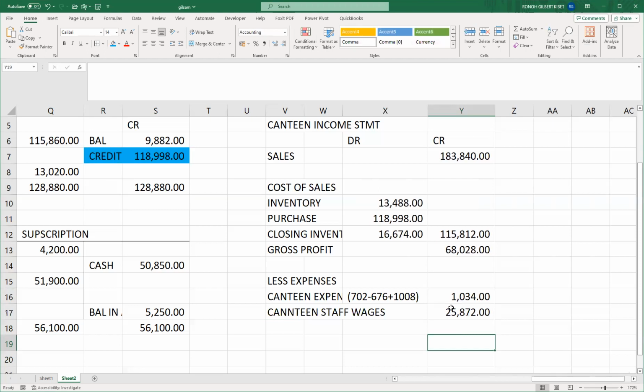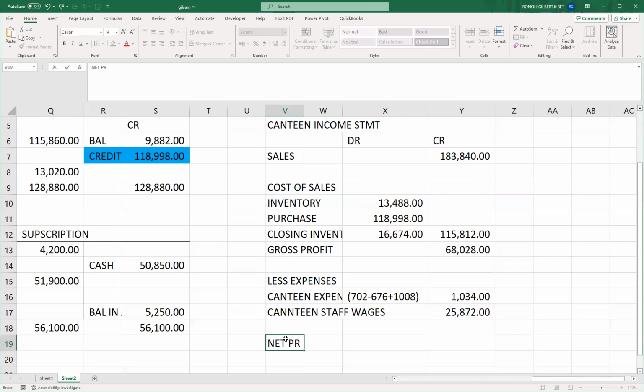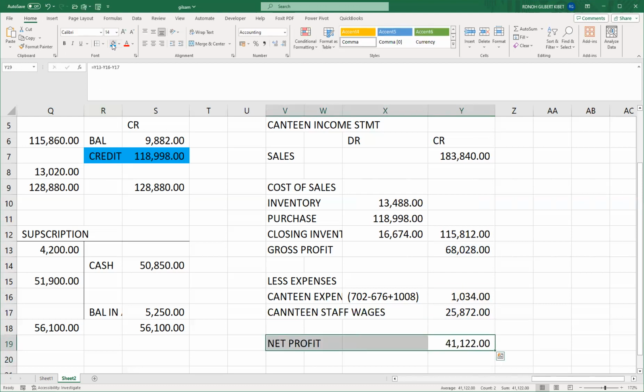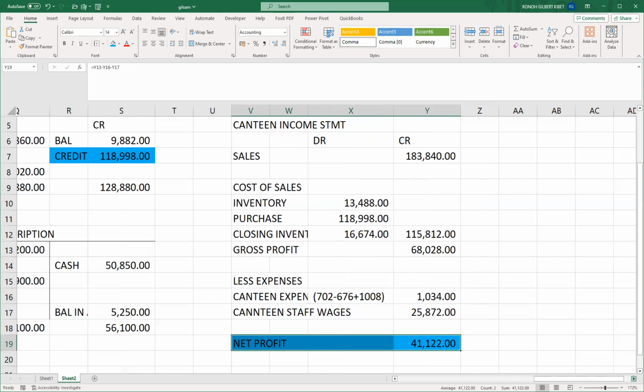Do we have anything to adjust? No. So I think from there, we can now get our net profit from canteen, which is the gross profit minus the expenses. So that is the net profit from the canteen, right? Yes.